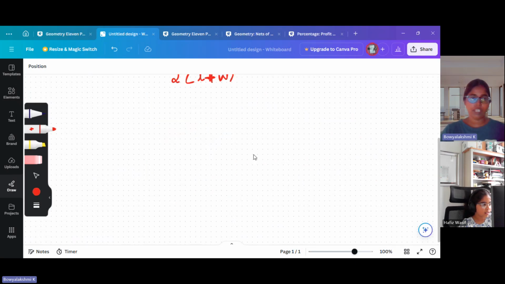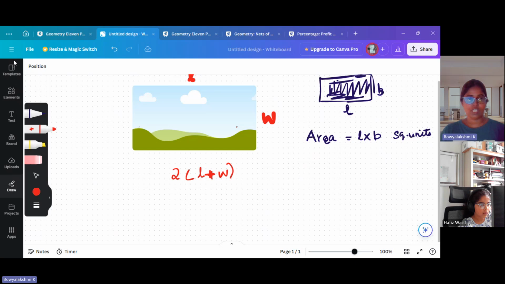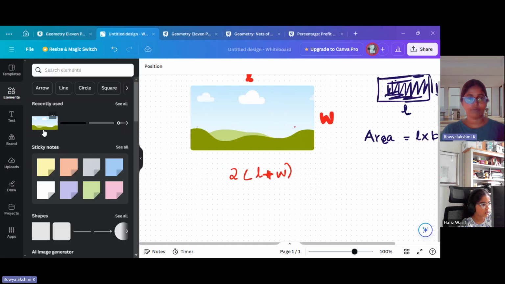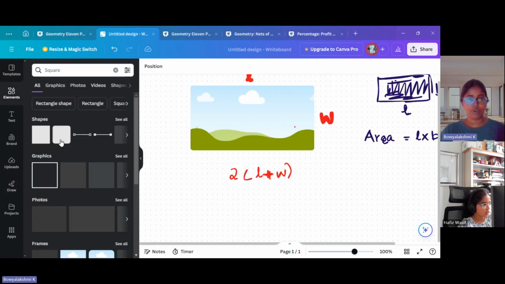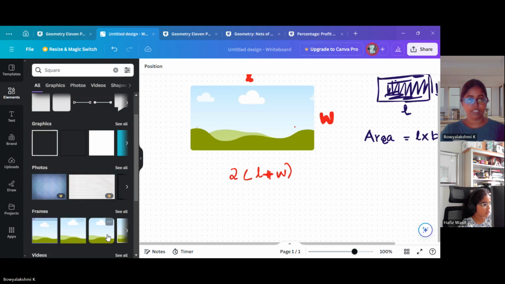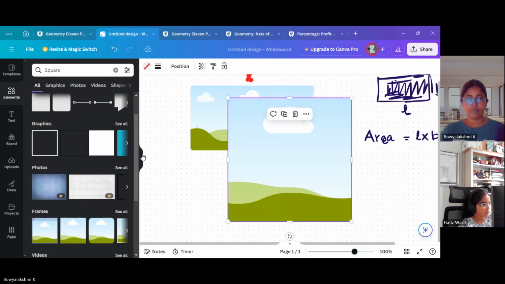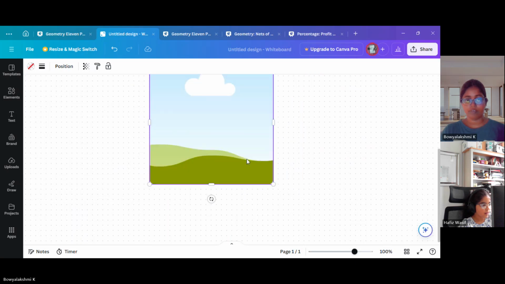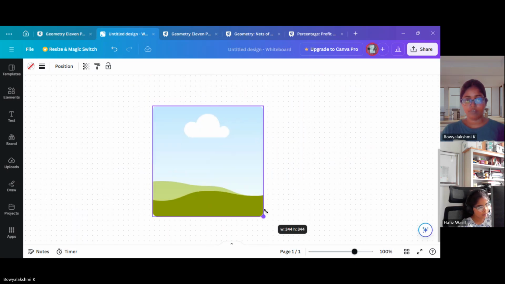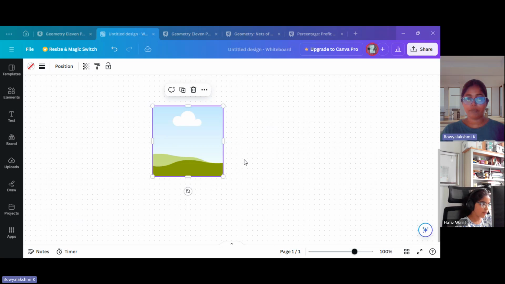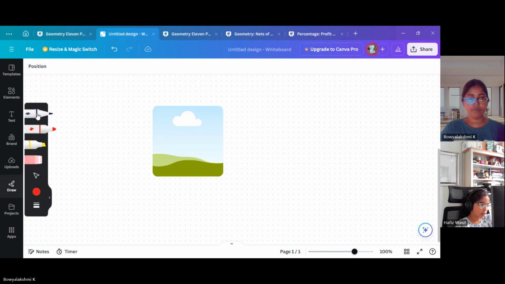Cool. And next one, let's take a square. For this square, I'm going to give you the side. You directly give me the area. The side is 5 meter, and this is also 5 meter.